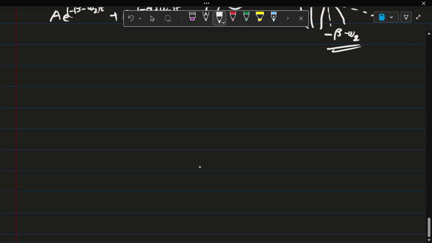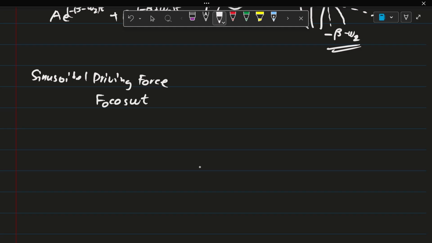So let's start to introduce a sinusoidal driving force. So the force will be F0 cosine omega t. And so this would be added into our entire equation of motion. So it's not just kx minus bx dot equaling mx double dot.